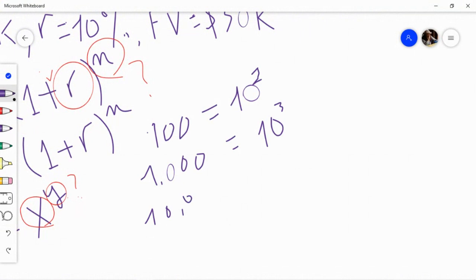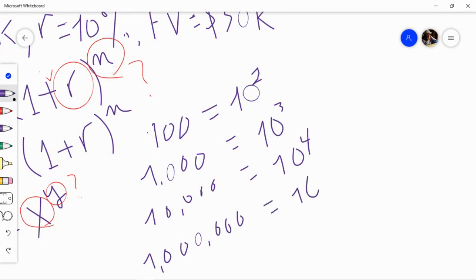Also, 10,000 is 10 to the fourth. 1 million is 10 to the sixth.